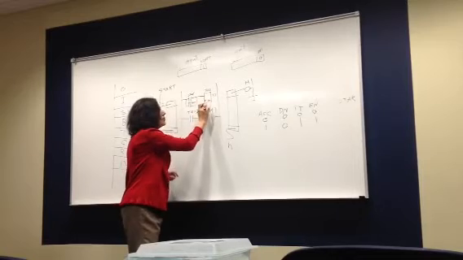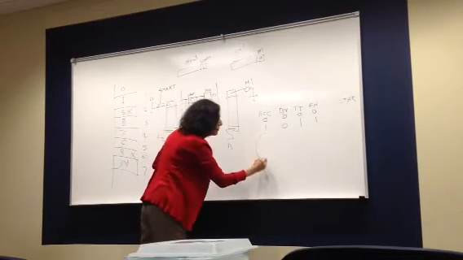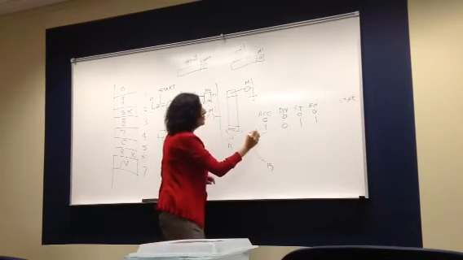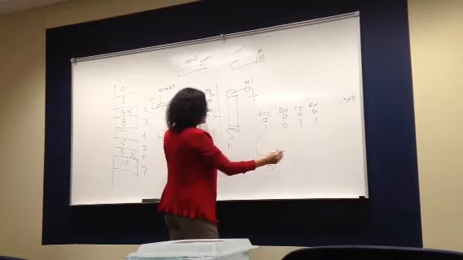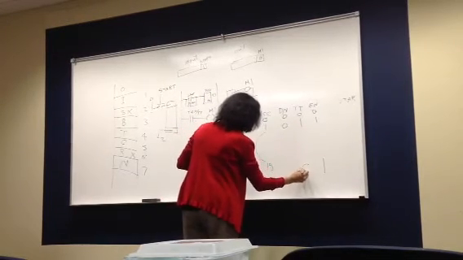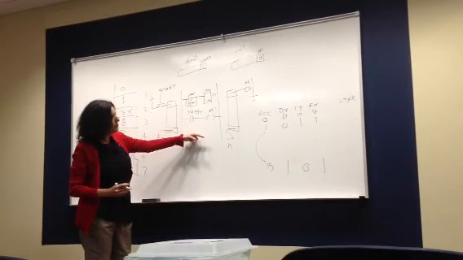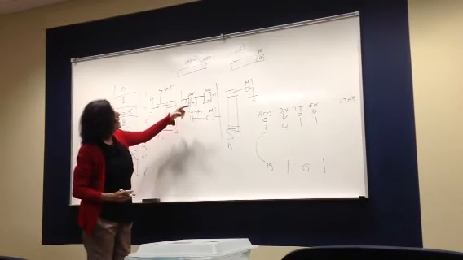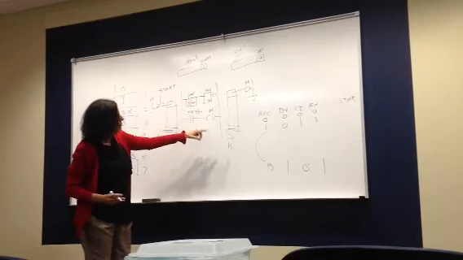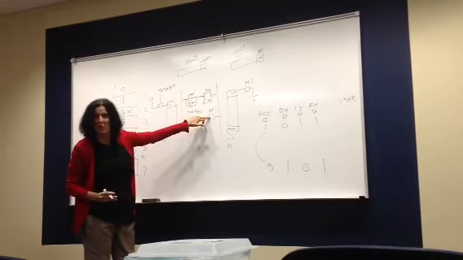Here I was 0, 1, 2, 3, 4, 5 till 15 seconds. What's going to happen? Here is still 1, 0, 1, and I am 15, right? And at that point the logic here goes 1, right?